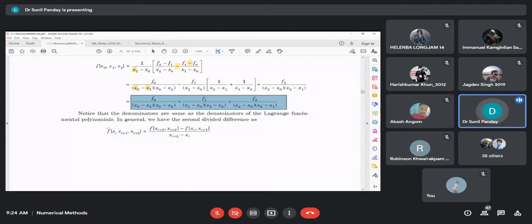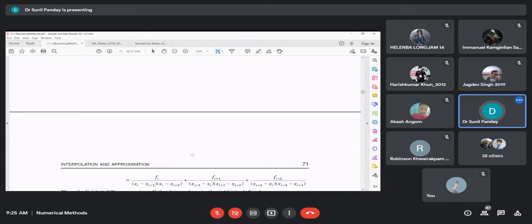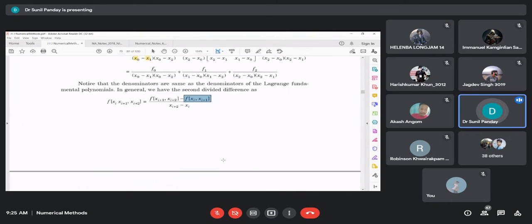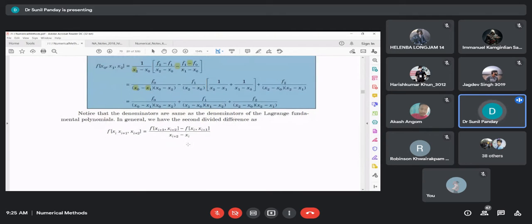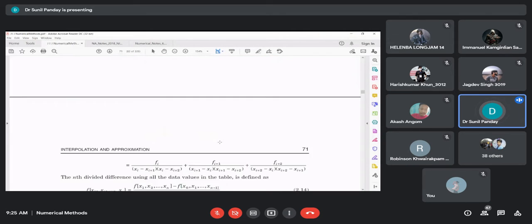So in general, take three variables xi, xi plus 1, xi plus 2. You know that the second order is defined in terms of the first order divided difference: f of xi plus 1 comma xi plus 2 minus f of xi comma xi plus 1, divided by xi plus 2 minus xi. Whatever calculation was done here, we can do for this also, and finally we have this one.